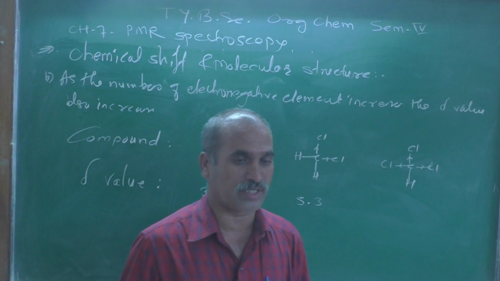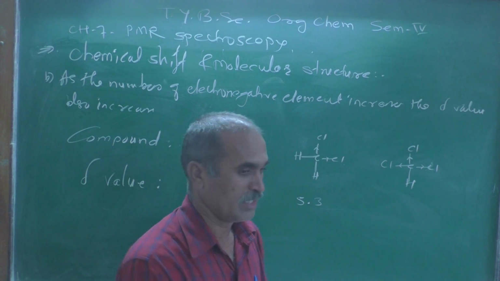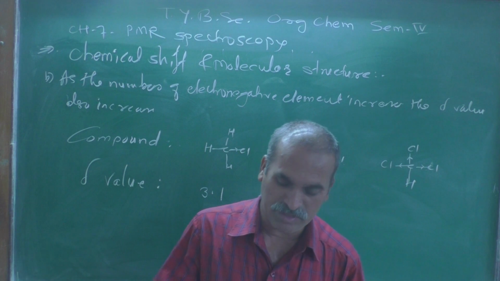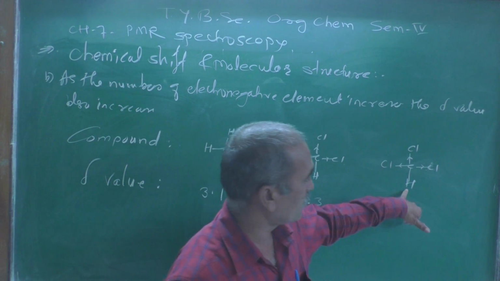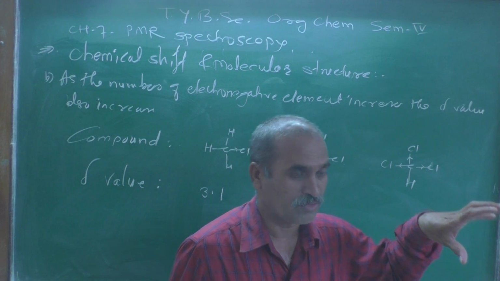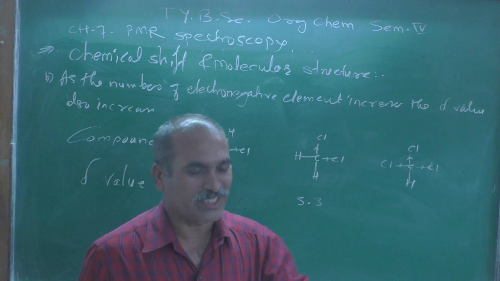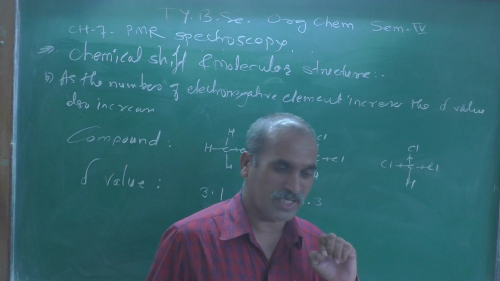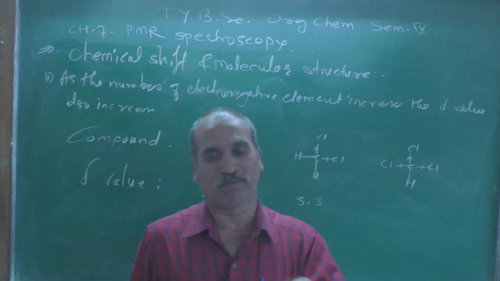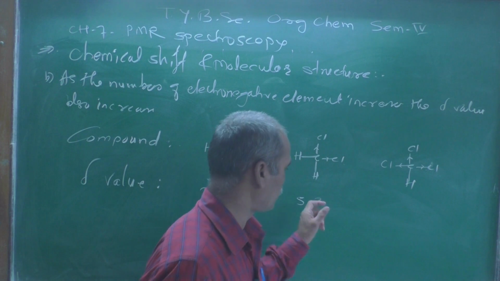That hydrogen atom becomes more and more de-shielded, and when it does, that chemical shift value or delta value, what do you think, whether it will increase or decrease? Definitely it will increase compared to this.